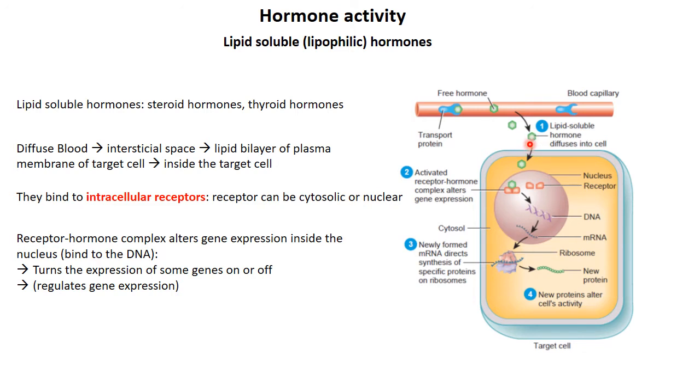Now, due to their lipophilic nature, they don't have receptors on the cell membrane. Due to their lipophilic nature, they can diffuse through the cytoplasmic membrane, which is also rich in lipids. So they can diffuse through the cytoplasmic membrane without the need of transporters or of receptors on the surface of this membrane.